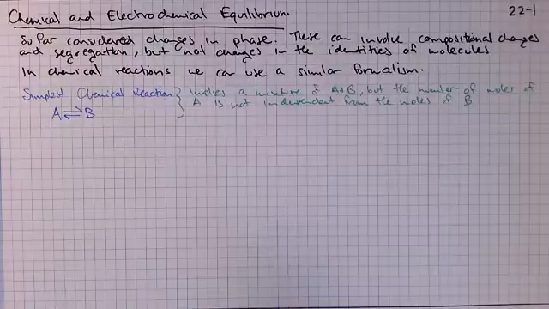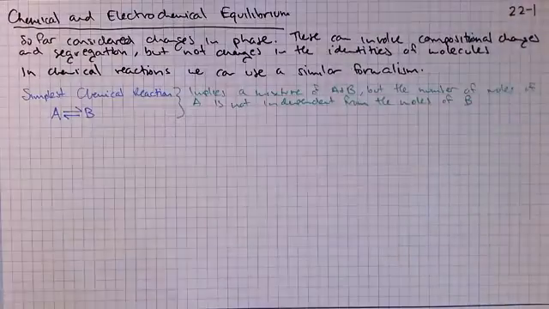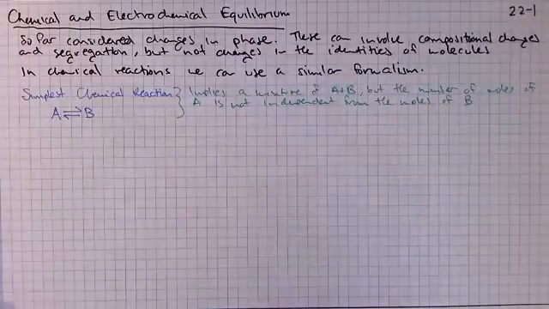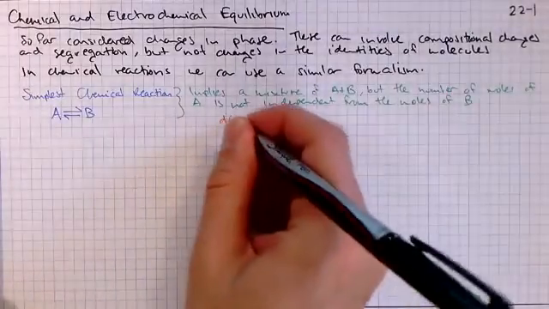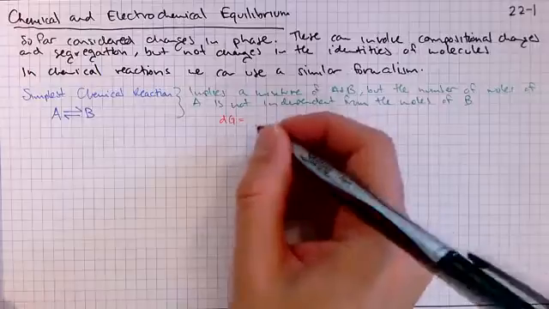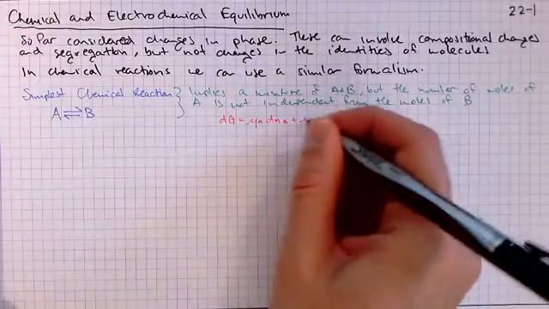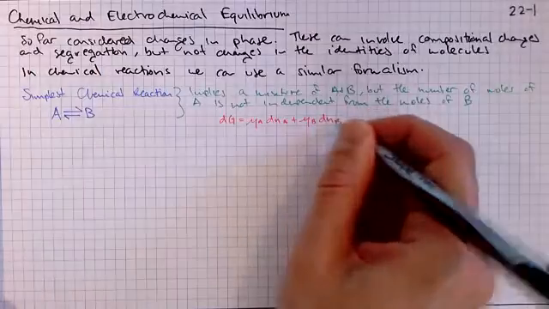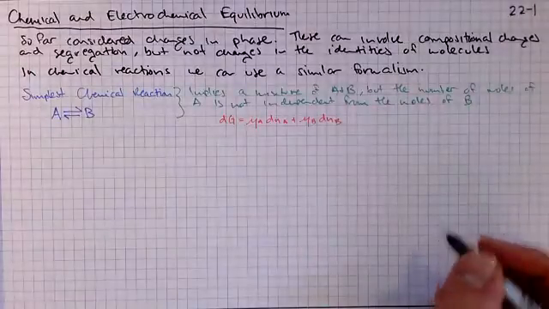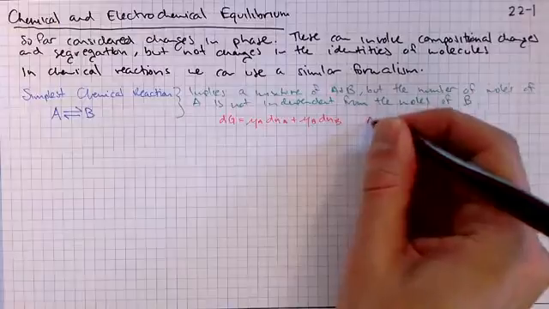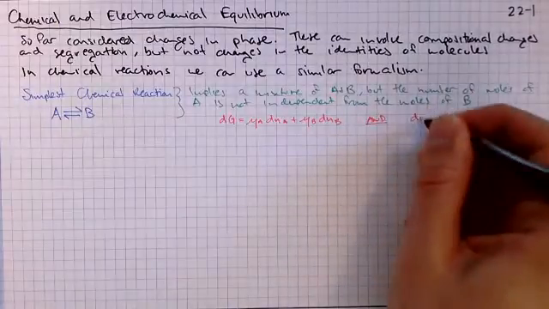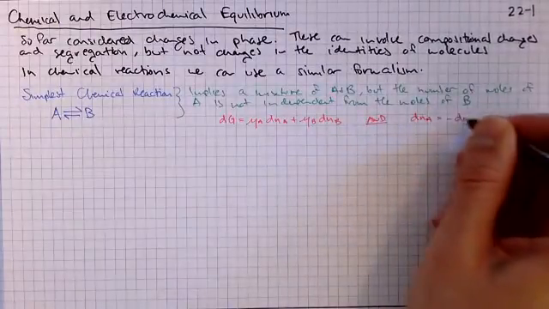In particular, we know that we could write down an expression for the change of the free energy due to interconversion. So that would be dG equal to mu A dNA plus mu B dNB, right? And we would expect that dNA would be equal to minus dNB.